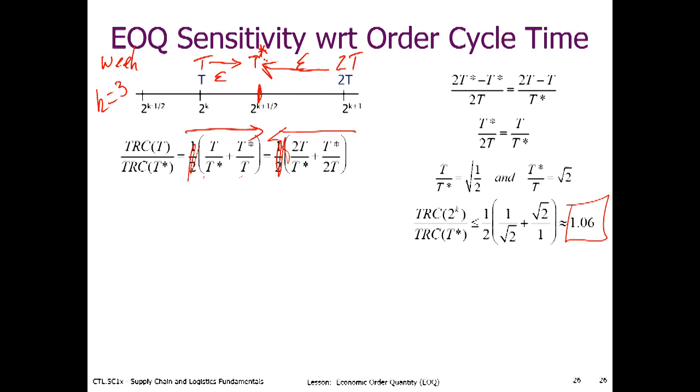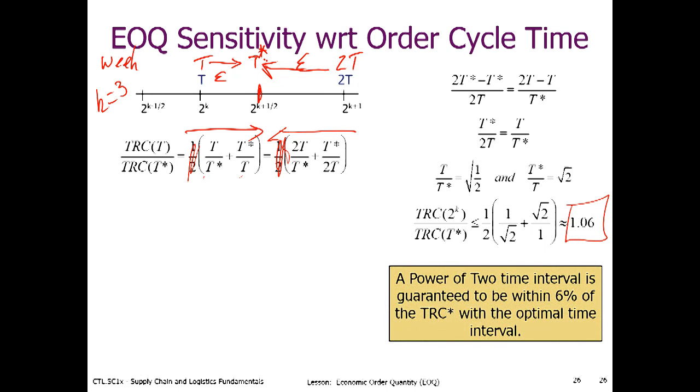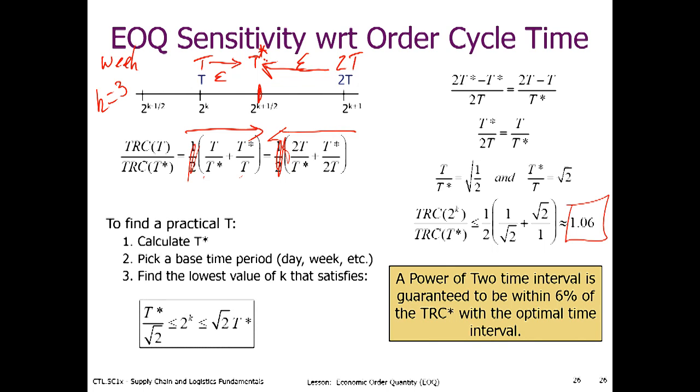Amazing, isn't it? So the idea here is if I pick power of 2 intervals, it's guaranteed to be within 6% of the total relevant cost compared to the optimal interval. So the process you do to use this in practice is very straightforward. Find the t star. Find that optimally from EOQ. Pick your base time period, a day, a week, or whatever it's going to be, and then you find the lowest value of k that satisfies that.